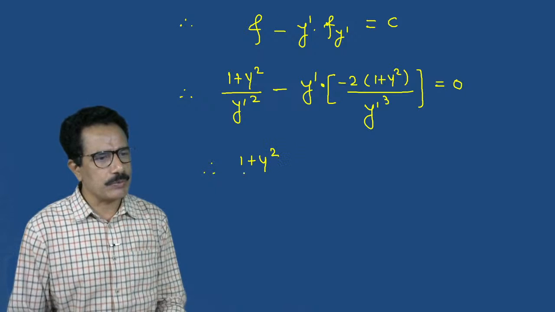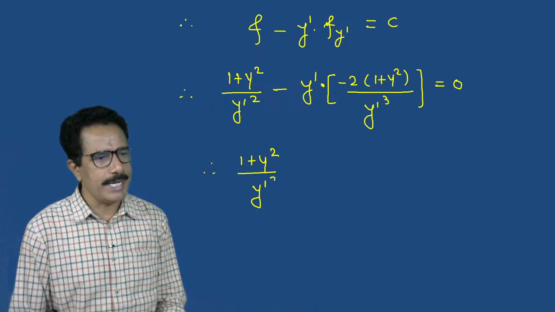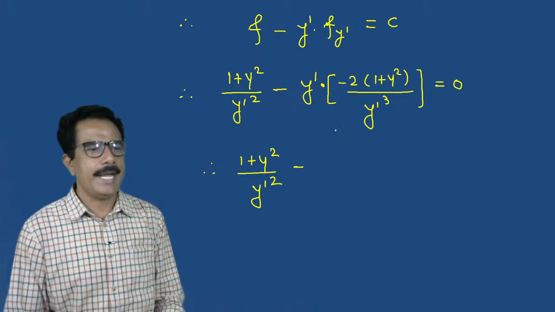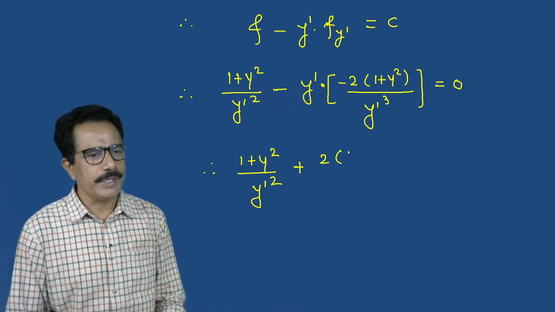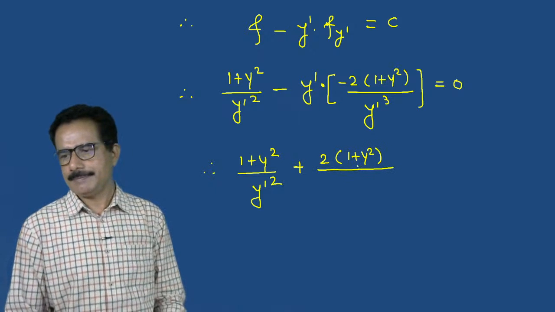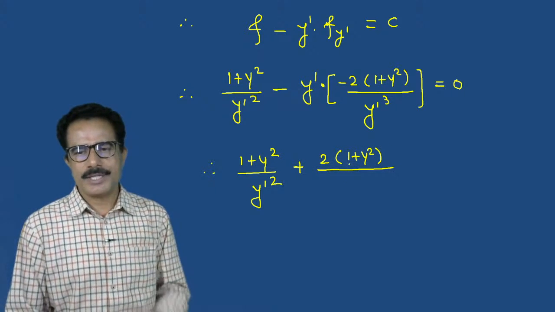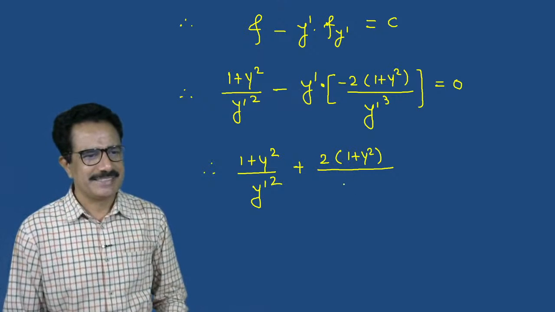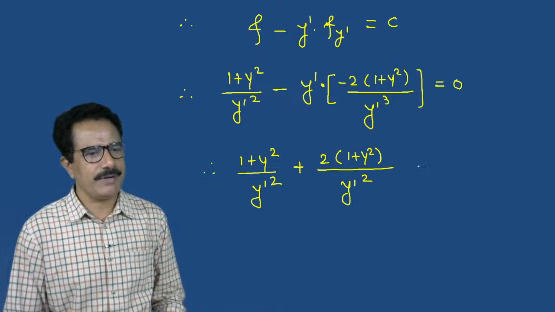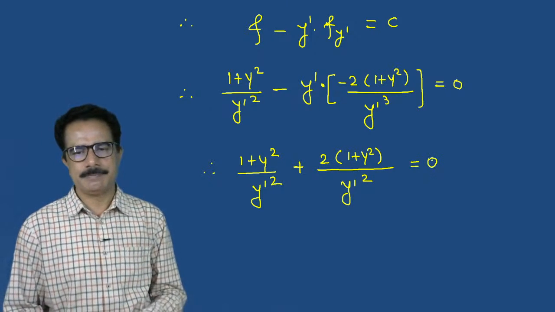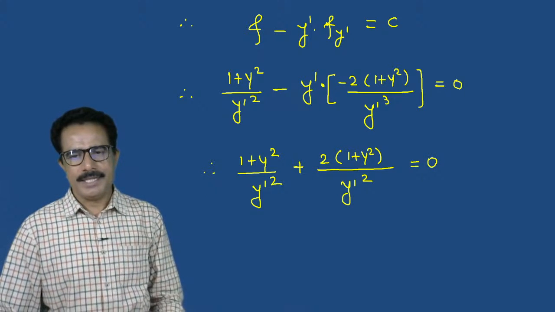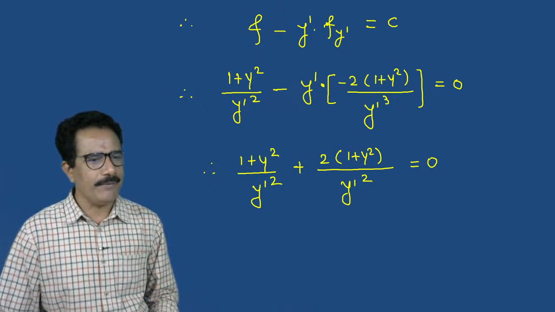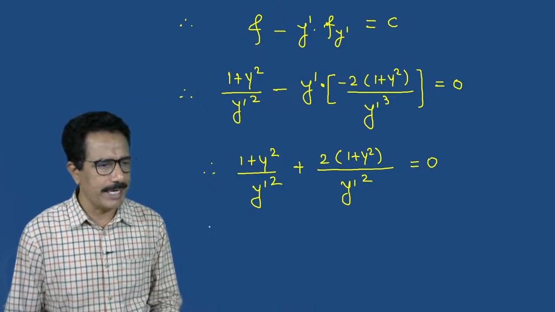1 plus y square divided by y dash square minus, plus 2 into 1 plus y square divided by y dash square, which is equal to 0. Now we can take the LCM. What is the LCM? y dash square.